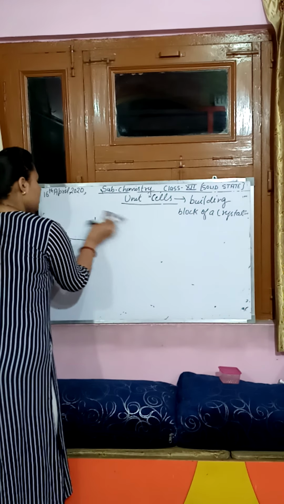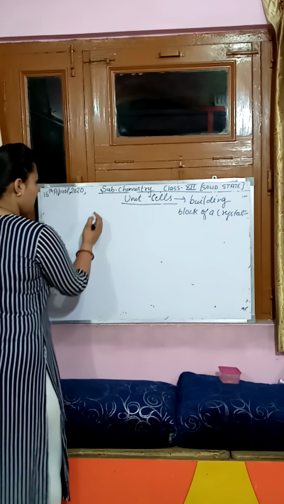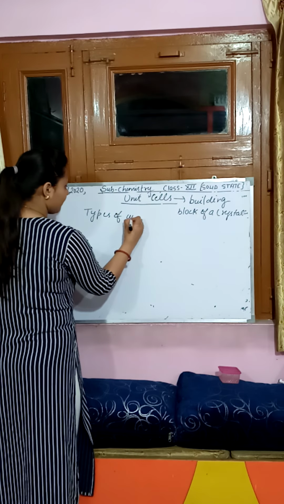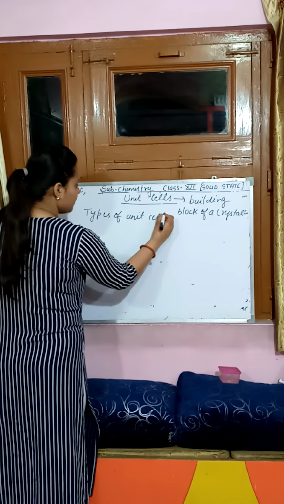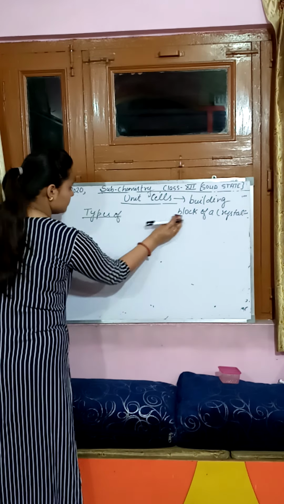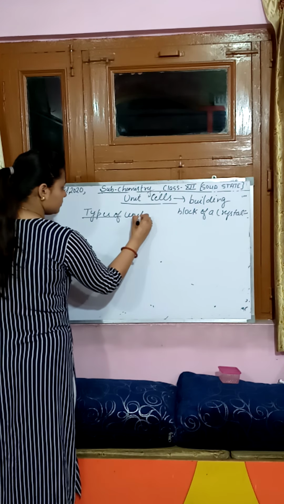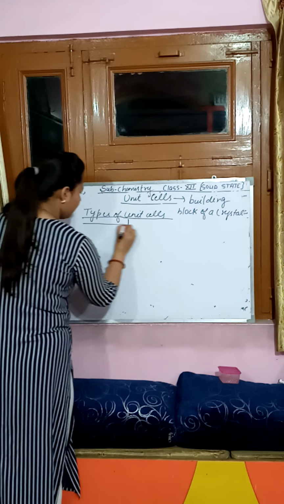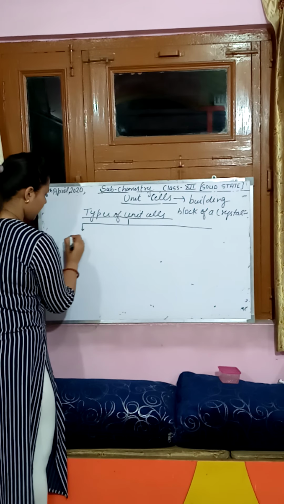Actually, we just mentioned the name of the unit cell. So now we have to discuss types of unit cell. Types of unit cell. I told you about the name.